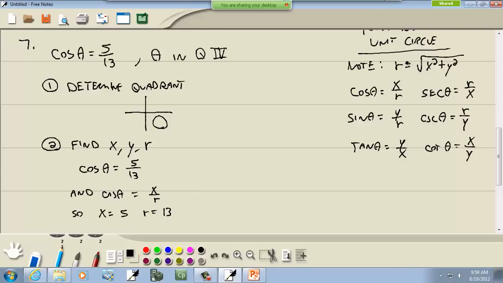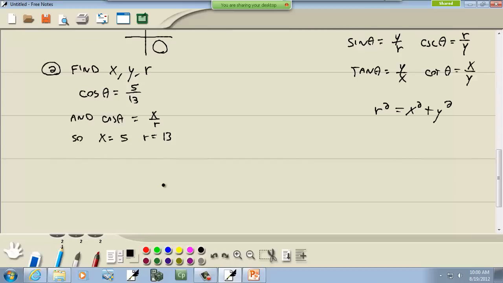Actually, I guess we need the other version of this formula too. Is that we got r squared is equal to x squared plus y squared. Didn't need that in the last section, but I guess we will need it here. Well, we have x, we have r, but we don't have y. So let's plug it into this formula. So x squared plus y squared equals r squared. X we said was 5, so we got 5 squared plus y squared equals r squared, which is 13 squared.